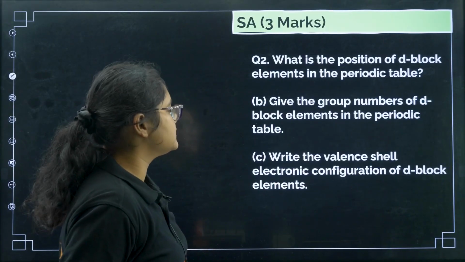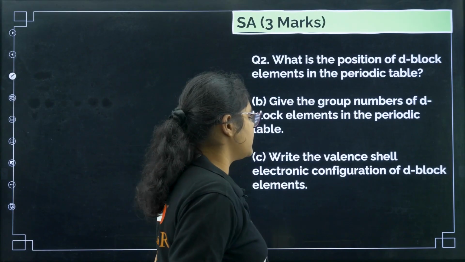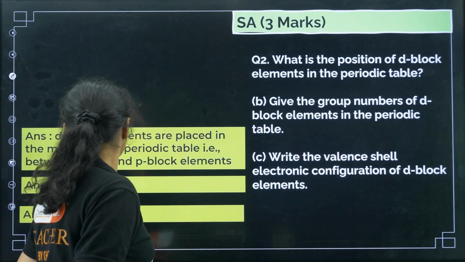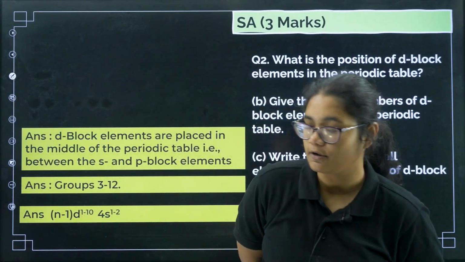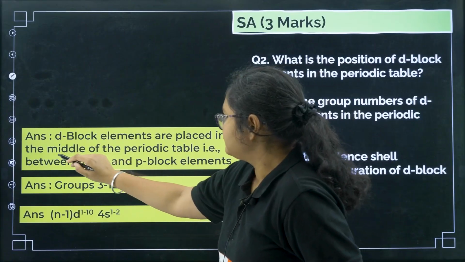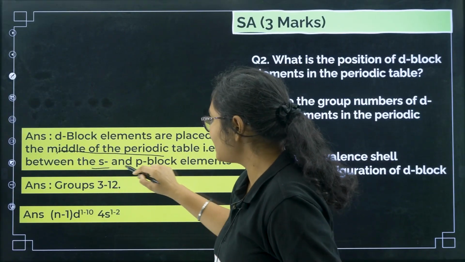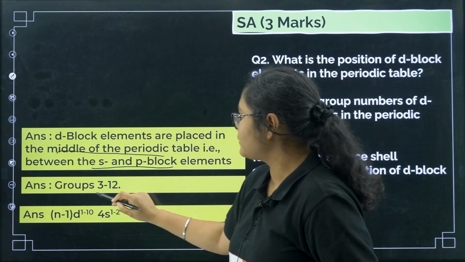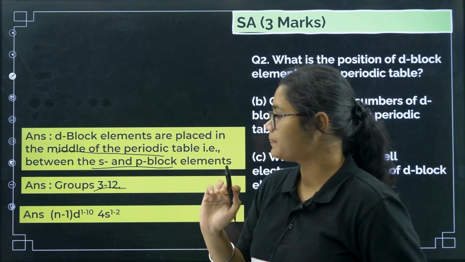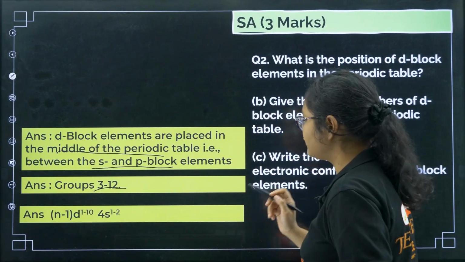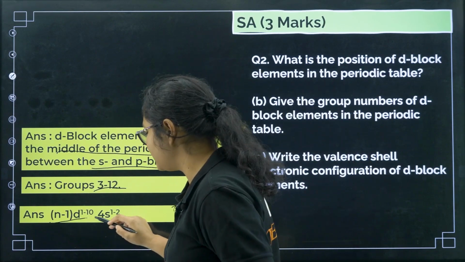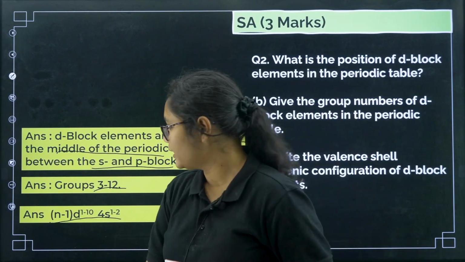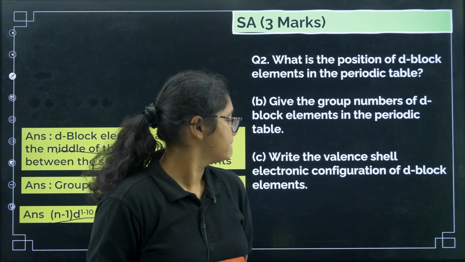Give the group numbers of d block and write the valence shell electronic configuration. The position is in the middle of the periodic table, between the s and p block. The group number is from 3 to 12. The valence shell electronic configuration is (n-1)d1-10 ns1-2.